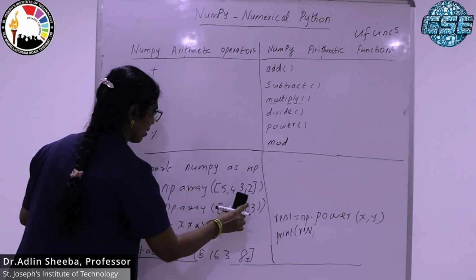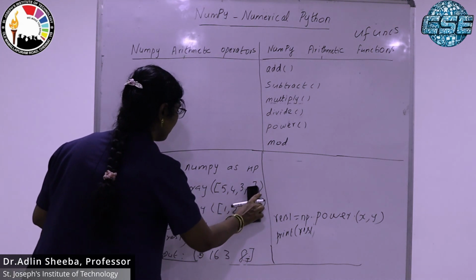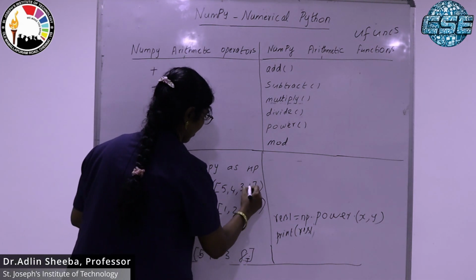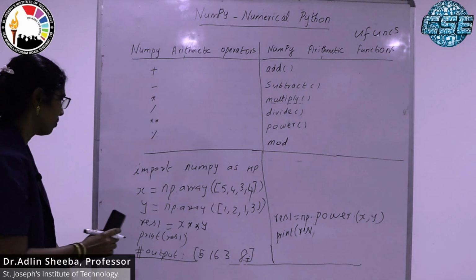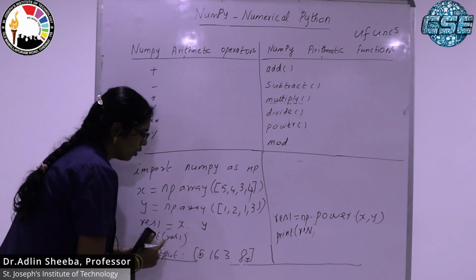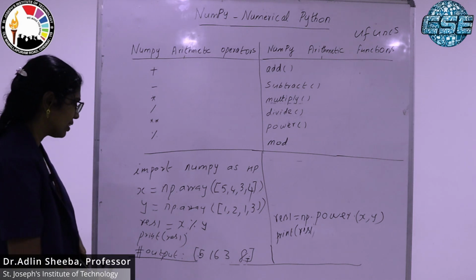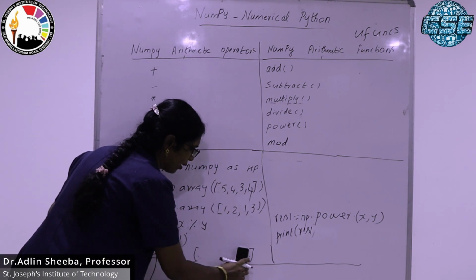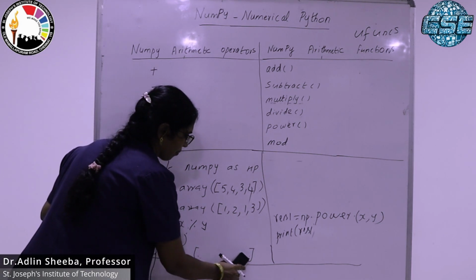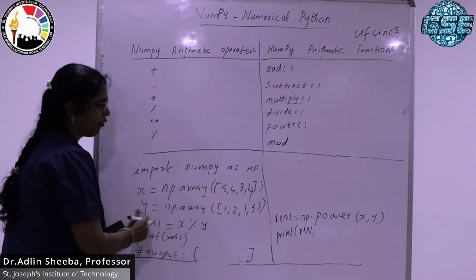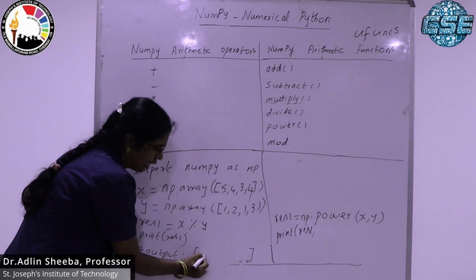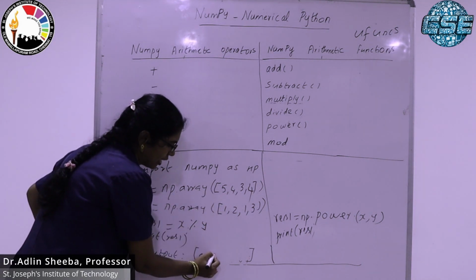Okay. So let us take an example. Okay. So here we are using the modulus operator. So let us see the output here. Okay. 5 modulus 1, it is 0. 4 modulus 2, it is 0.